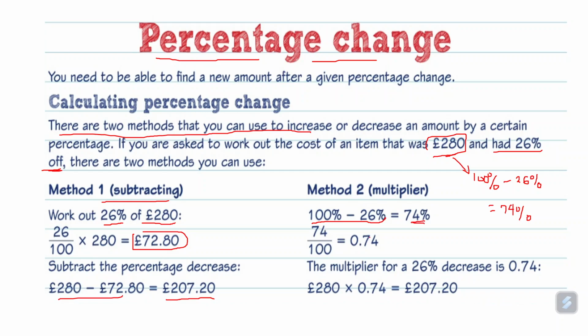Once you get this, then remember 74% is still the same thing as 74 out of 100. Solving this manually or using your calculator, you have 0.74. So what you just need to do is to multiply 0.74 by the original amount, and you get the amount you're asked to look for.